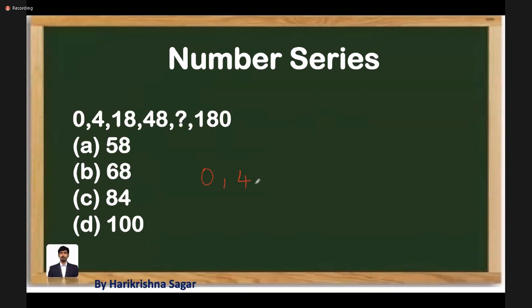0, 4, 18, 48, question mark, and 180. They are expecting us to find out the value of the question mark. You can observe 1 square, 2 square, 3 square, 4 square, 5 square and 6 square values.